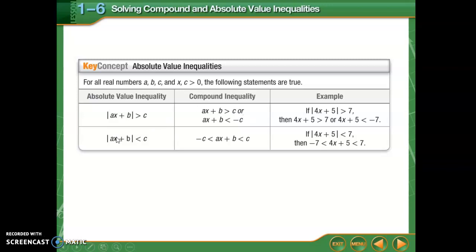If |ax + b| < c, you will get AND. So greater is OR, and less than is AND.